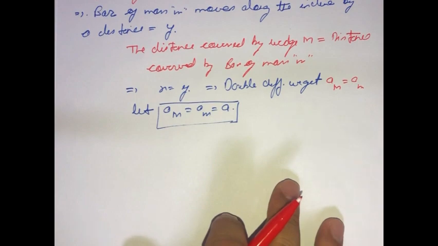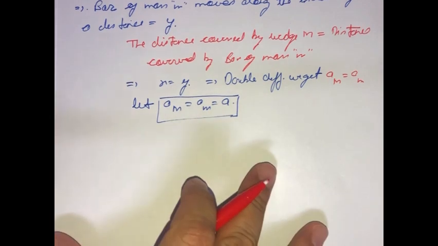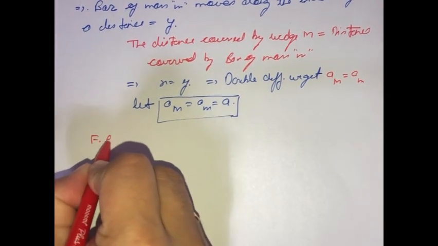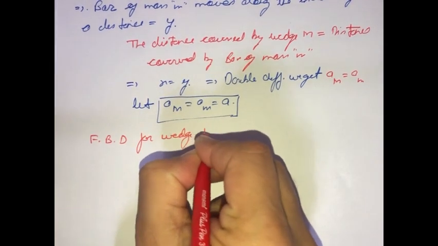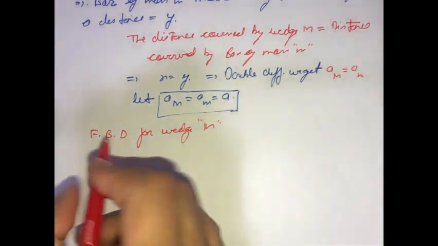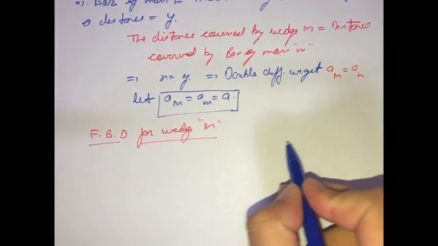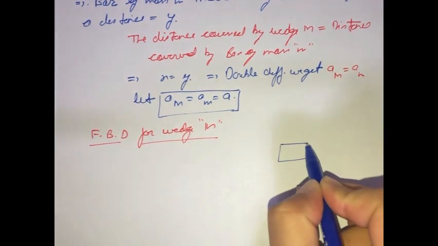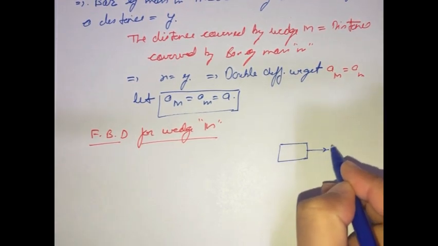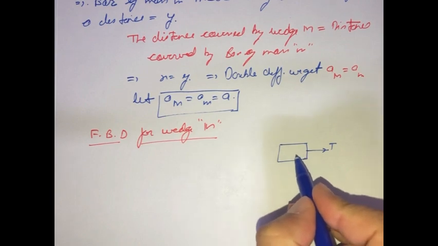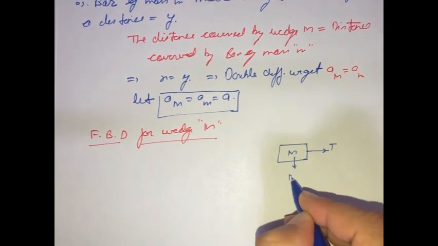Next, let's draw the free body diagram for, first of all, mass capital M. Free body diagram for wedge M. Suppose this is wedge M. So it is going to have a tension T in this direction, and there will be Mg acting in downward direction.